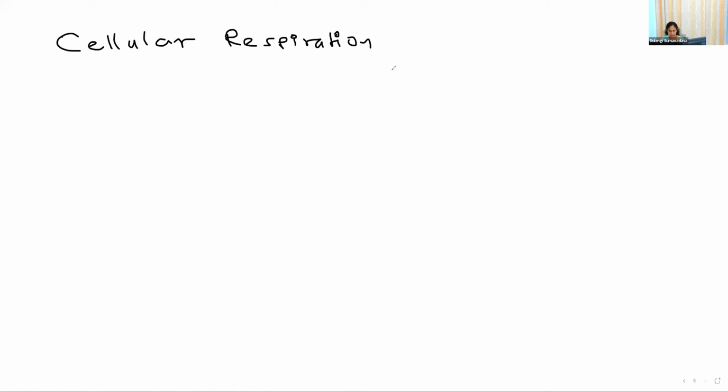So cellular respiration means you're breaking down glucose. Glucose is a 6-carbon compound like this.